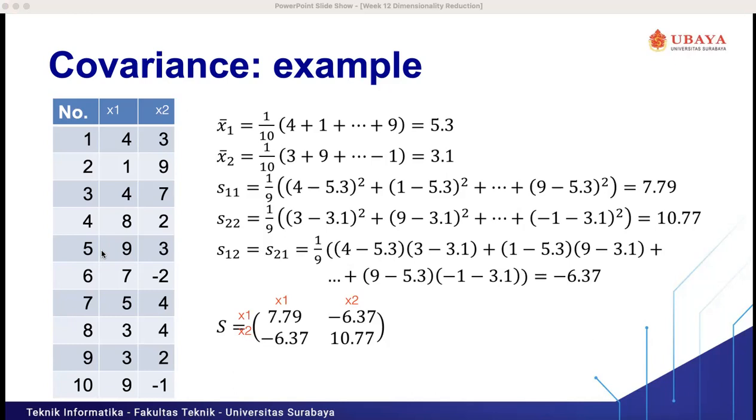So the shape of the covariance matrix will be n times n, where n is the number of features that we have. This is how we calculate the covariance matrix from the data set.